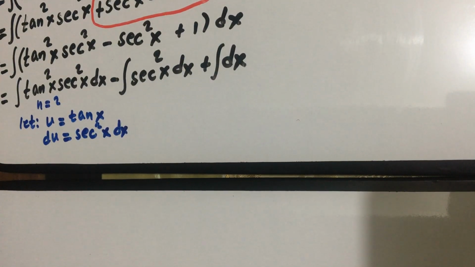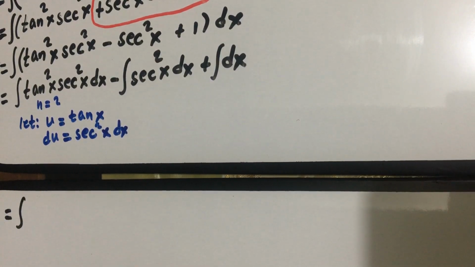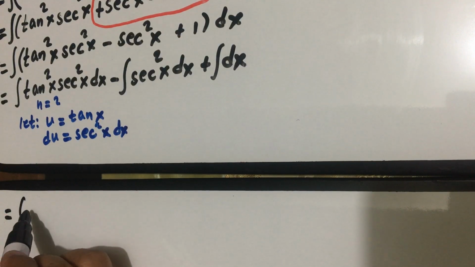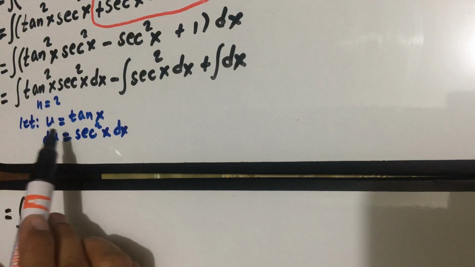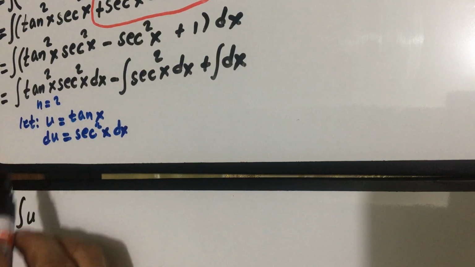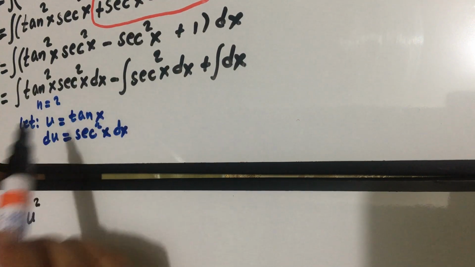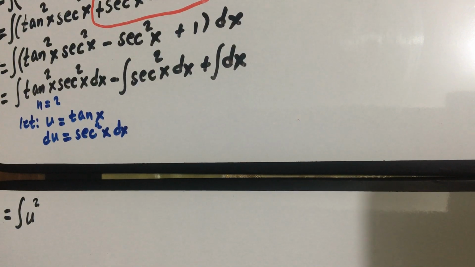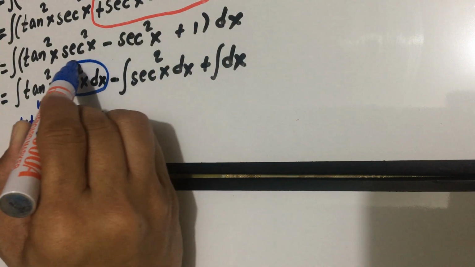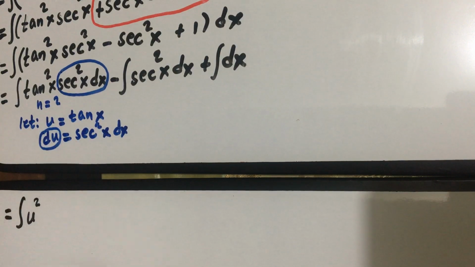So to continue, this is equal to integral of, using the power formula, instead of writing tangent x, our tangent x is equal to u, so this will be u to the n. Our n is equal to 2. Then our secant squared x dx is just equal to du.